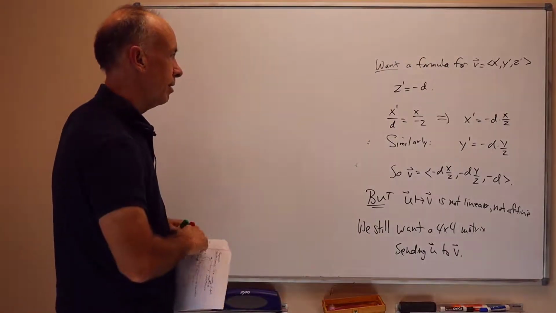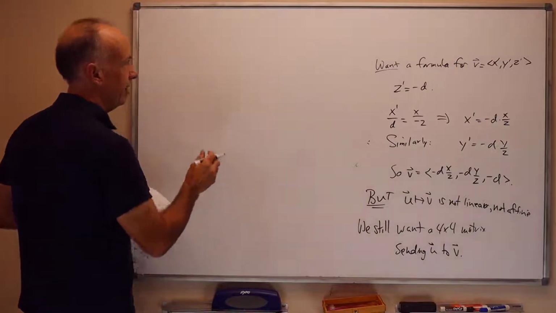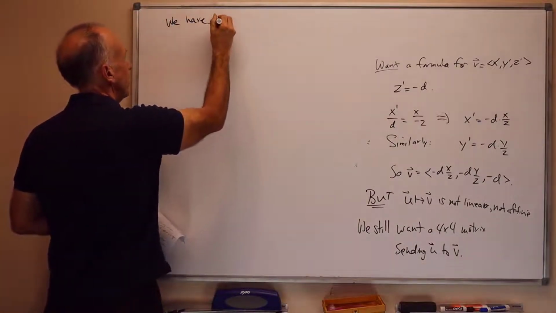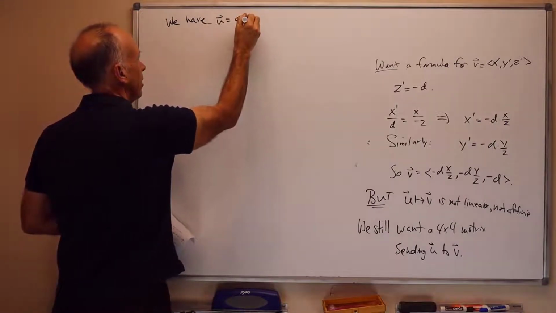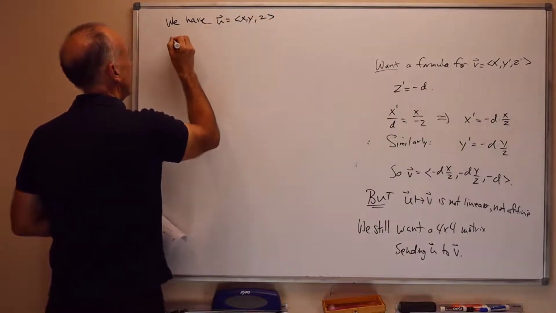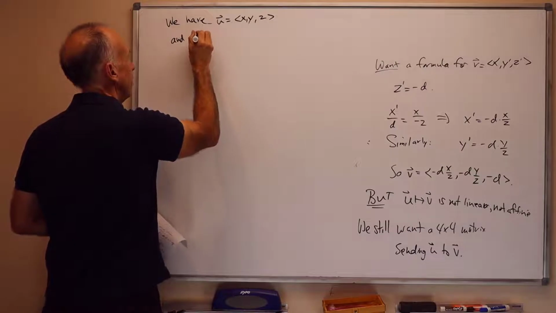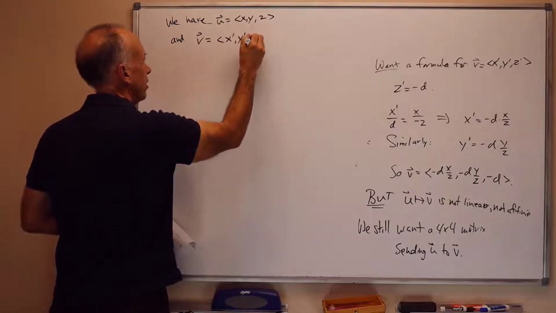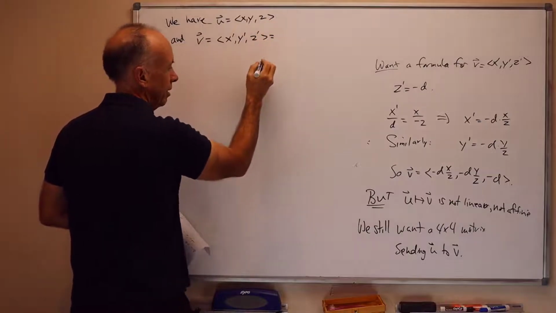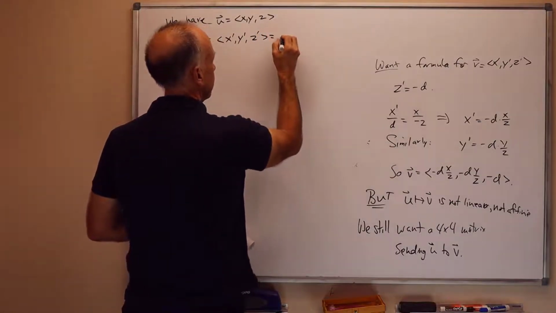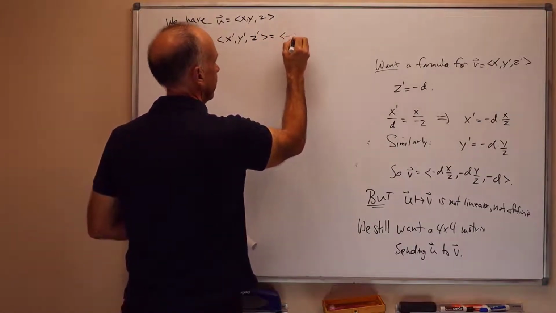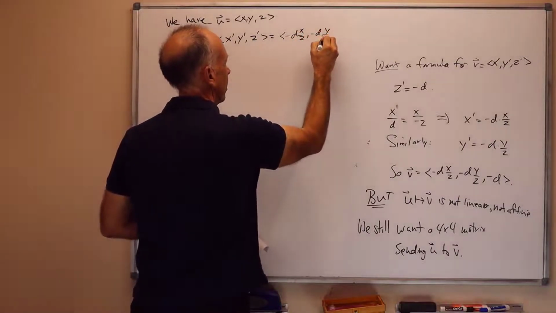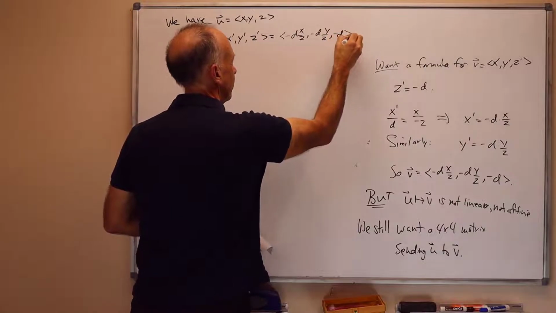So let me start by copying over the formula for v here so we don't lose it. We have u equals xyz and v equals x prime, y prime, z prime, which is equal to negative d x over z, negative d y over z, negative d.